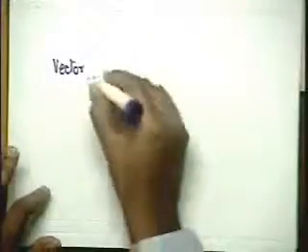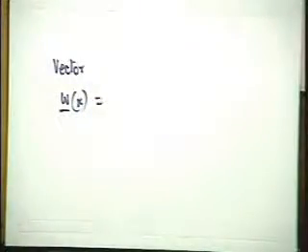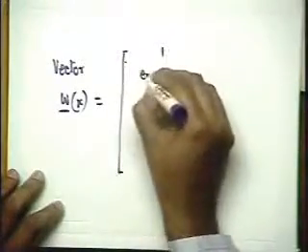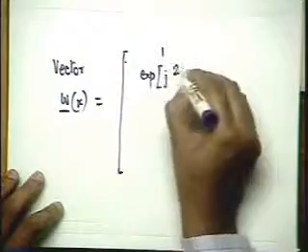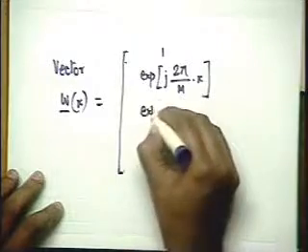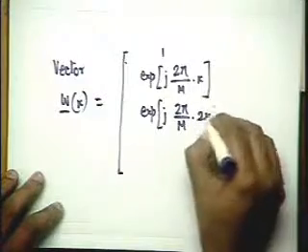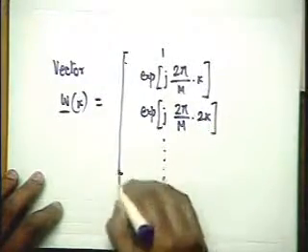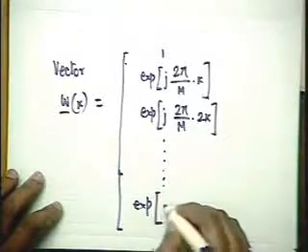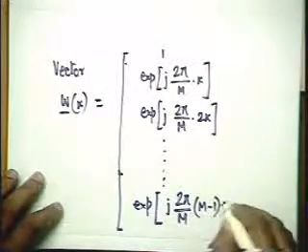And the wk vector is being written as, its elements are 1, exponential to the power j 2 pi by capital M into k, exponential to the power j 2 pi by capital M into 2k, etc., and the last element I am considering as exponential to the power j 2 pi by m into m-1 into k.